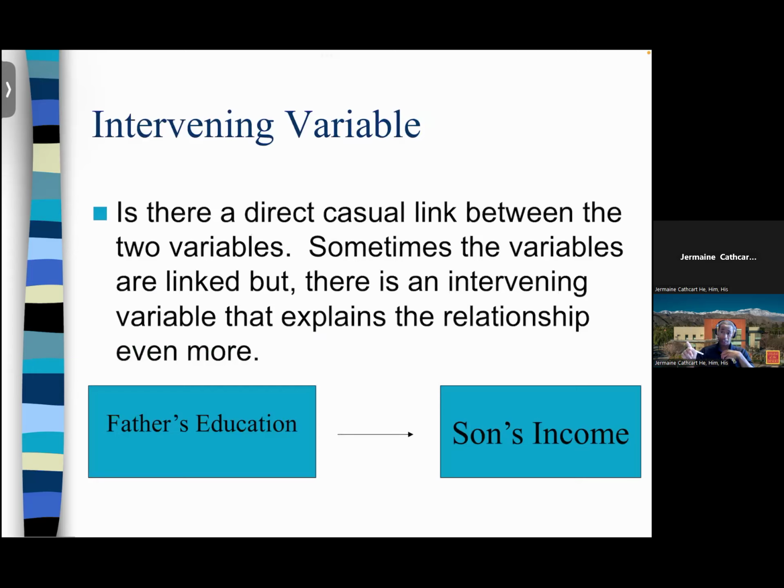Yes, there is a correlation between a father's education and a son's income, which if you look at it on its surface, doesn't completely make sense, right? I can see how a father's education would influence his own income, right? But how does a father's education influence his son's income? That is questionable, right?